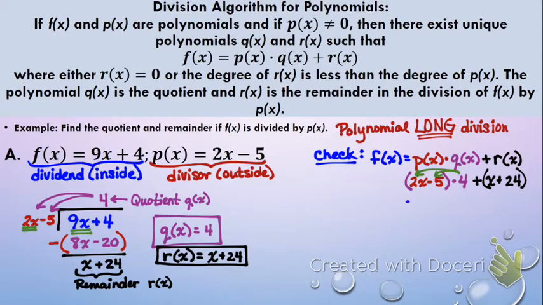That would give me 8x minus 20 plus x plus 24. What do I get when I combine those all together? 9x plus what? 9x plus 4. Is that the original dividend, the original function that I had? Yes. So I know I did this correctly then.